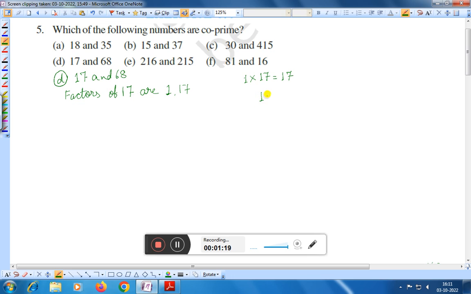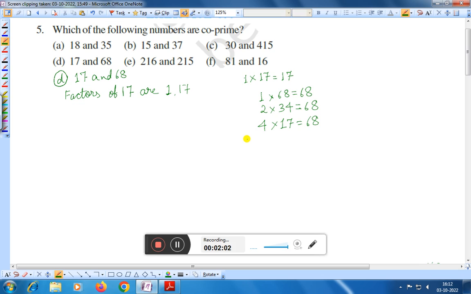We will find the factors of 68. That is 1 into 68 is equal to 68. 2 into 34 is equal to 68. 4 into 17 is 68.